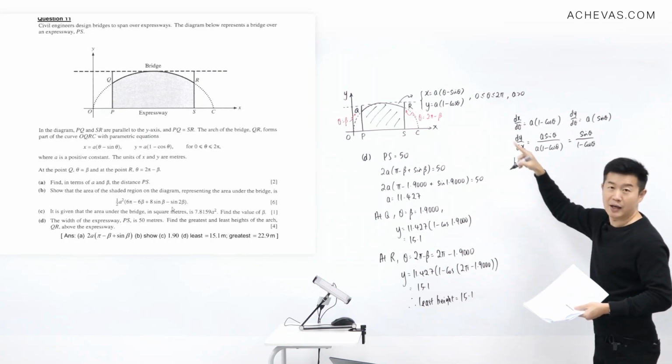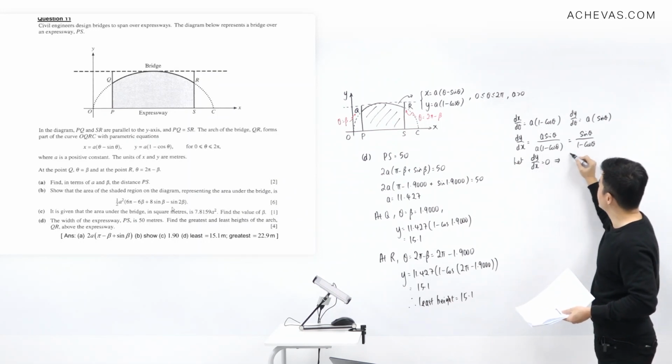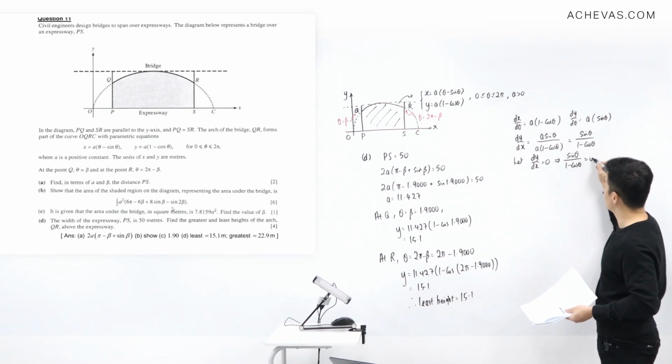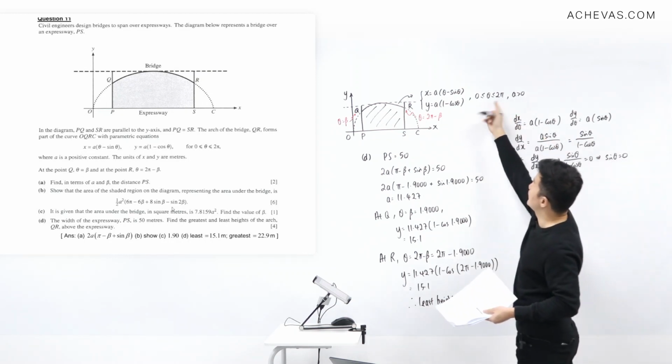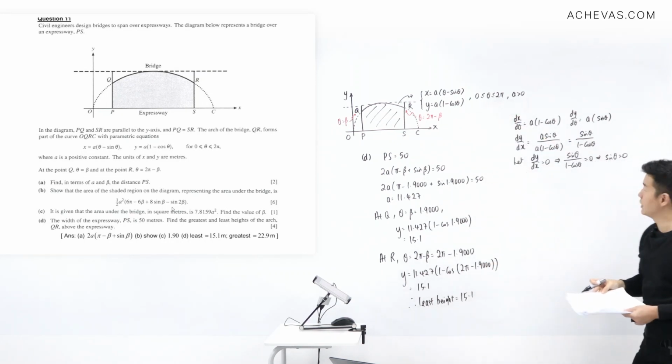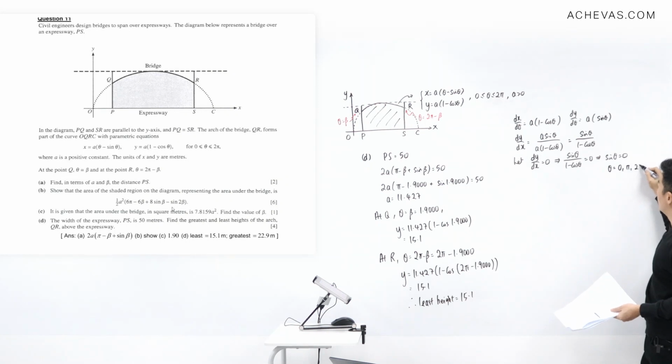Since we are working on the maximum possible point, we let dy/dx be equal to 0. This tells me that sine theta over 1 minus cosine theta is equal to 0, so sine theta is equal to 0. Theta is a value between 0 and 2 pi. For sine theta to be 0, theta will be either 0, pi or 2 pi.